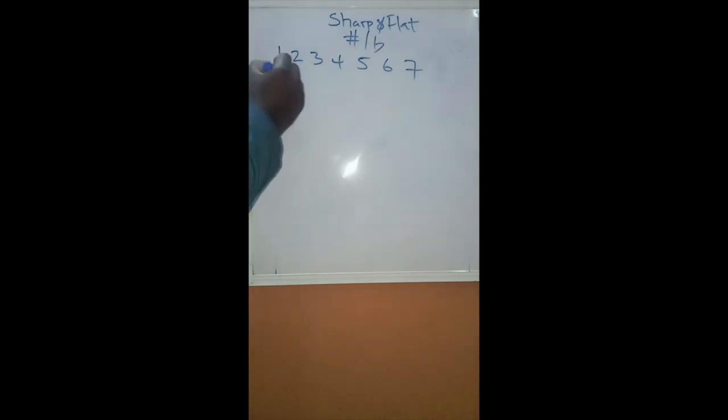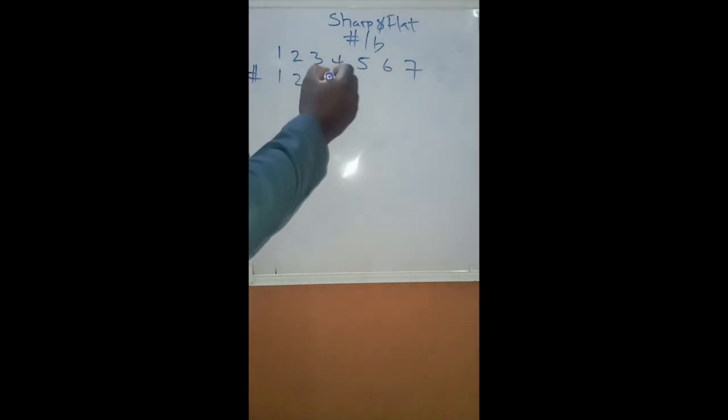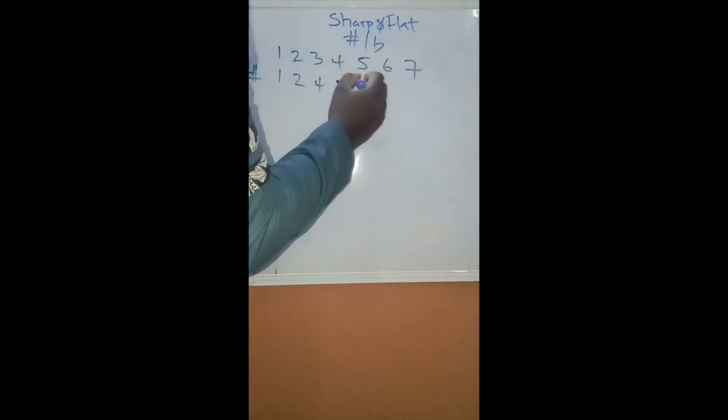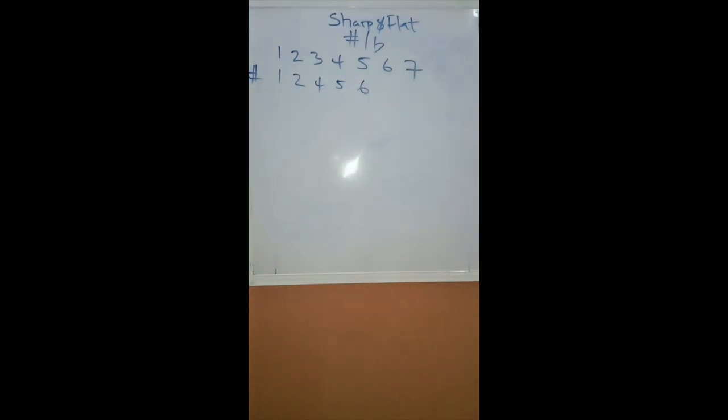So we have the sharp 1, the sharp 2, sharp 4, 5, and 6. Then we have the flats. We have the flat 2 and the flat 3.